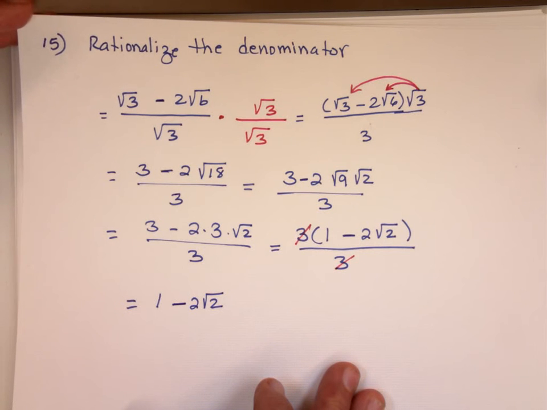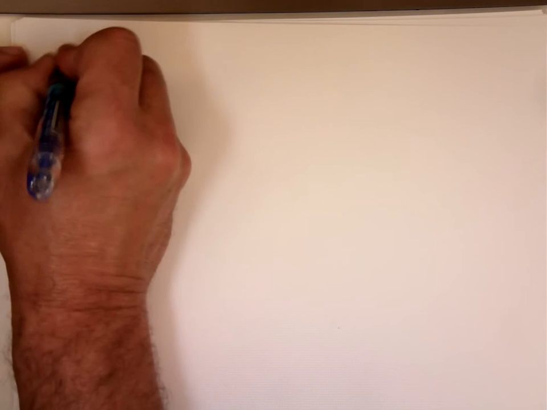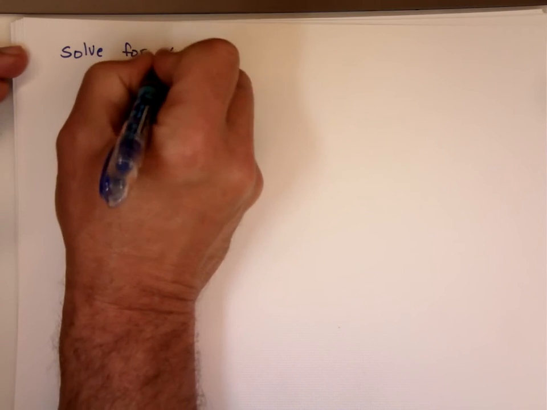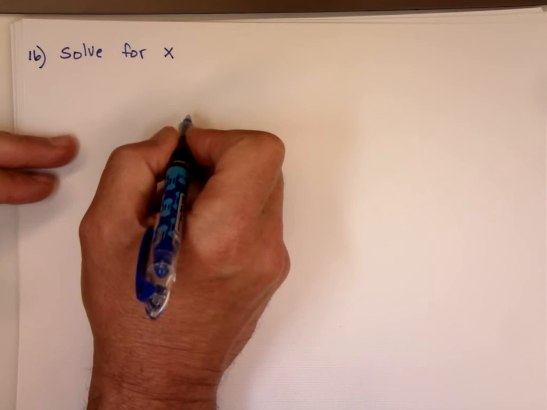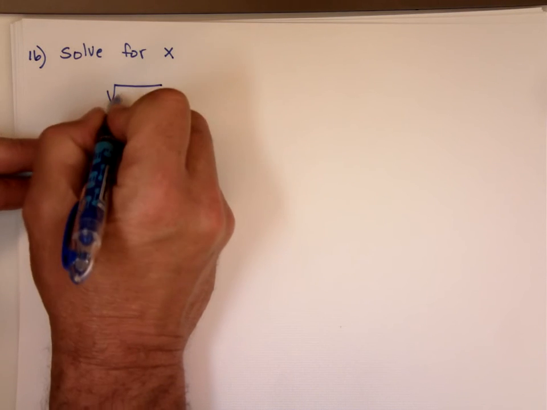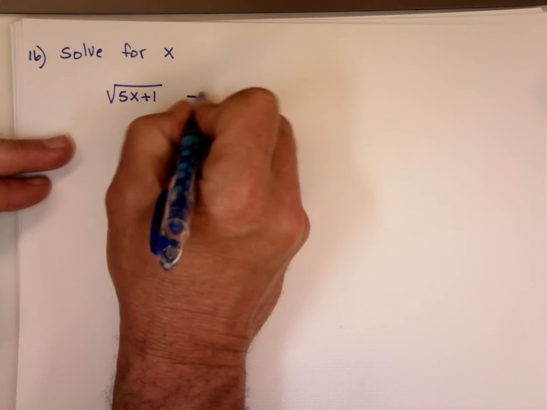Couple more questions, then we're done. Solve for x. The square root of 5x plus 1, minus 2, equals 4.